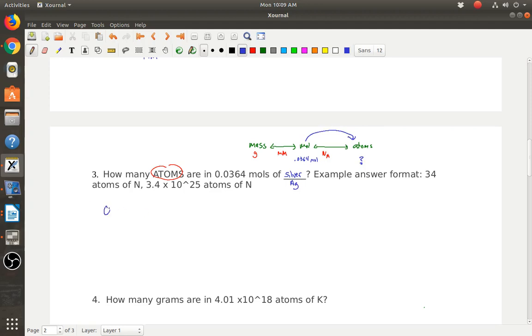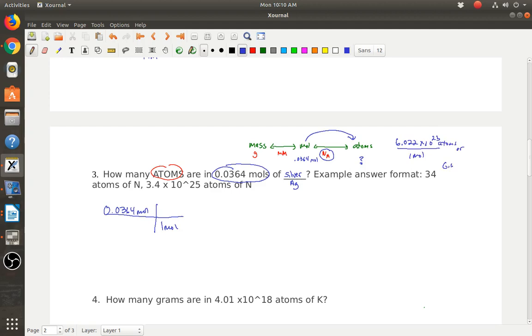So 0.0364 moles. You write down what you start with. Then you convert from there. I know that every 1 mole contains, because that's Avogadro's number, remember, 6.022 times 10 to the 23rd in every 1 mole, and in this case atoms.